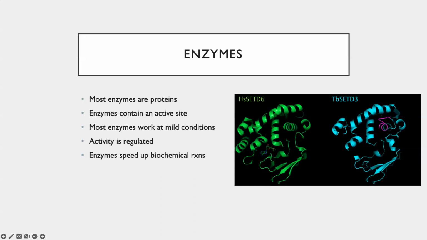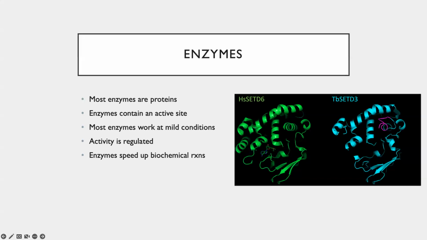The activity of many enzymes is regulated, so think back to Unit 1 and how we would use enhancers and activators to turn genes being expressed up and down. This is a similar concept, where we can turn their activity up or off. This allows us to modulate and fine-tune how these enzymes are working. And enzymes can speed up biochemical reactions.